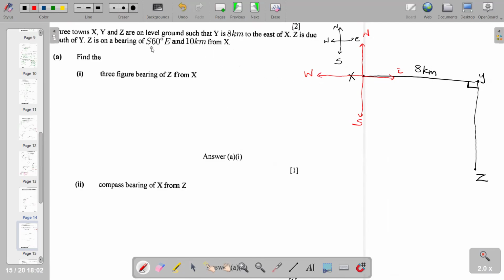Then we are told 60 degrees, but we are told east, we are measuring from the south, because for bearing, always we measure from the northern pole. So to get to the south it's 180.